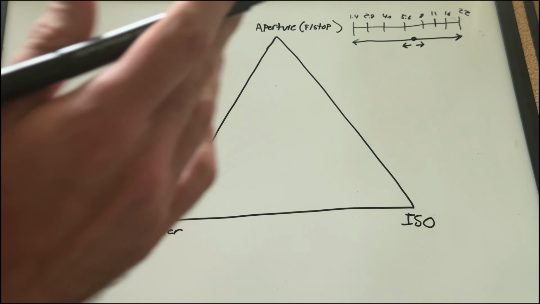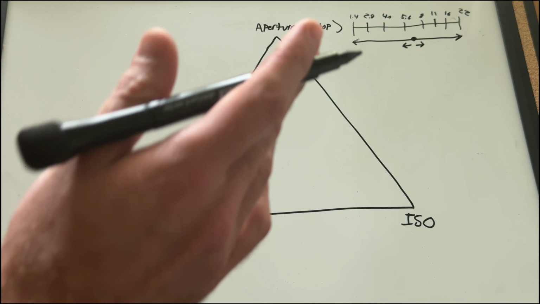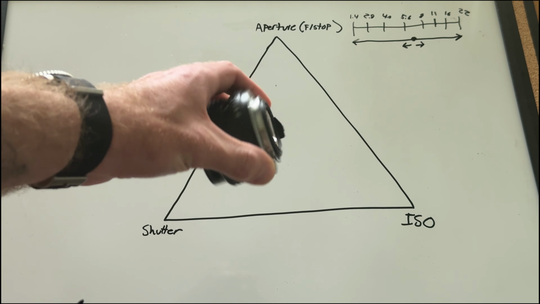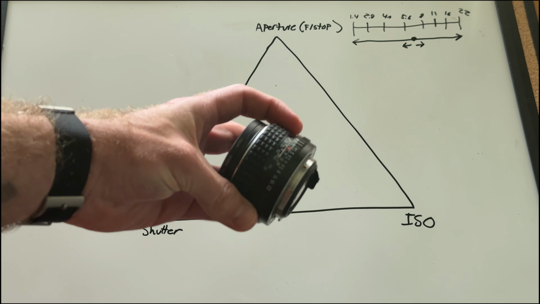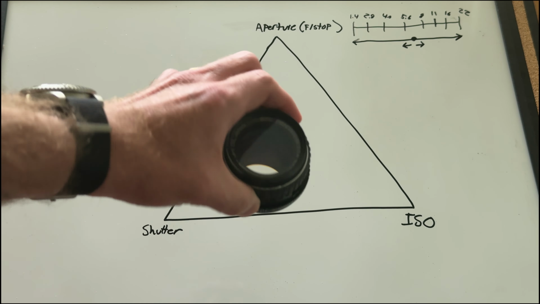How this works is you control your exposure via your aperture, essentially by picking a number. And the way this works is counterintuitive. A lot of people think that if you go down, meaning you have a smaller number, your exposure is darker, but that's not actually the case. The way aperture works, the smaller the number, the more wide open your aperture is. For example, this lens here is a 50mm f1.4 lens.